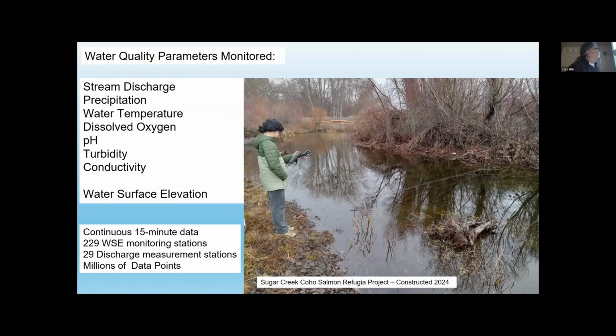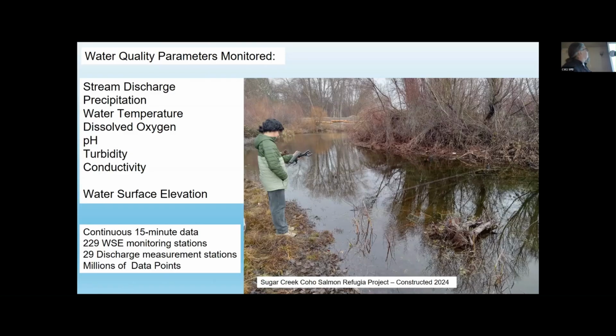Okay, so here's an example. This photo is one of the restoration projects that we installed in 2024. It was a constructed project where we were making fish habitat for juvenile coho salmon, connecting an area in the tailings to Sugar Creek, which you can see in the background.